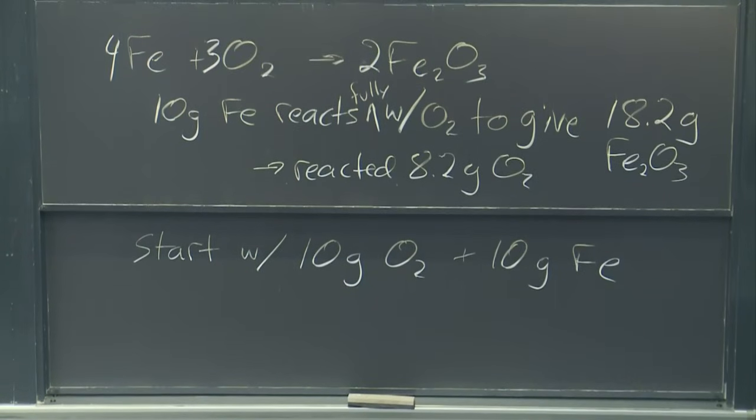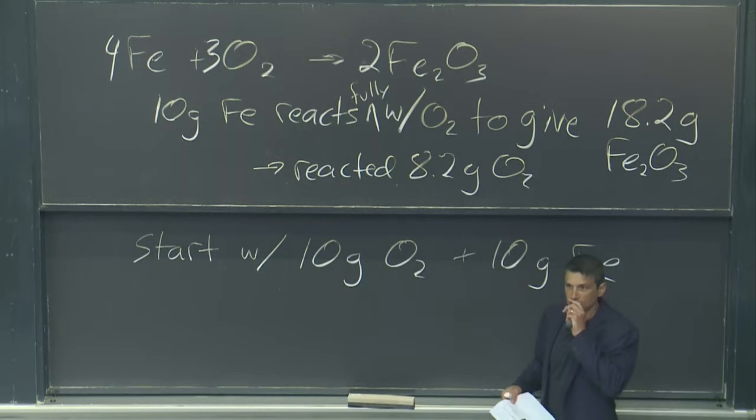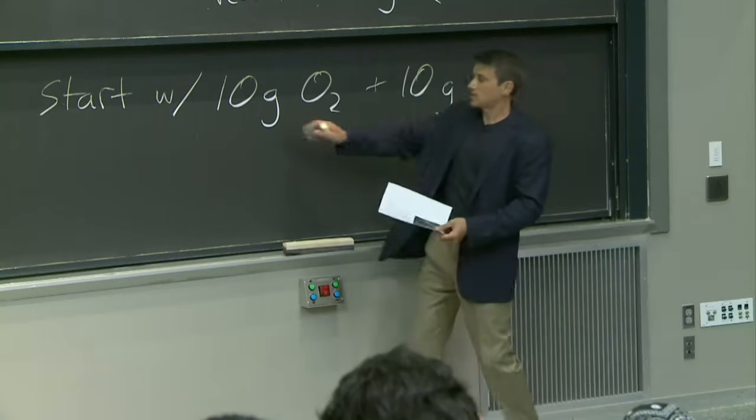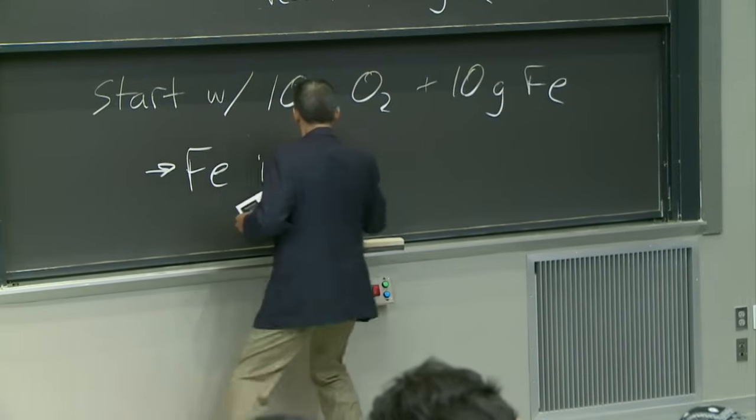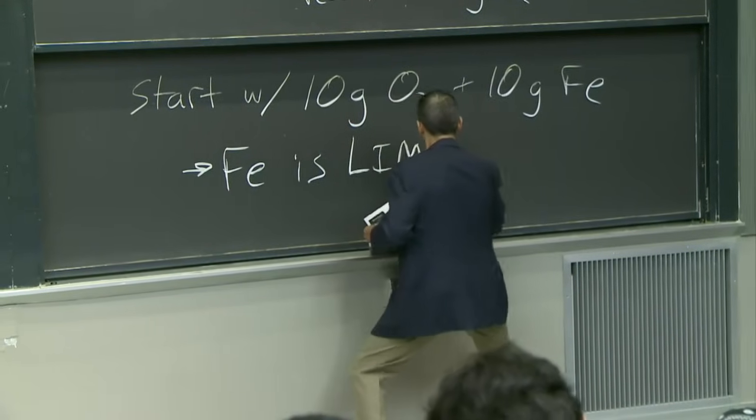I know that now. And the thing is that there's something that's limiting here. What's in excess? The oxygen, because I started with the same amount of iron. There's more, but that means that we've got another term, which is that iron is the limiting reagent.